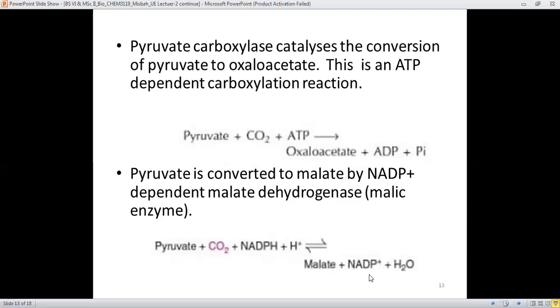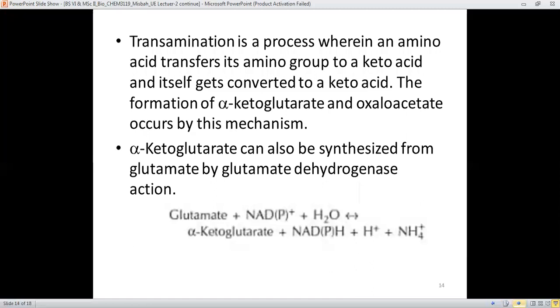These two reactions, and this one reaction, which is the transamination and conversion of glutamate to alpha ketoglutarate, are responsible for the filling up of intermediates for the TCA.